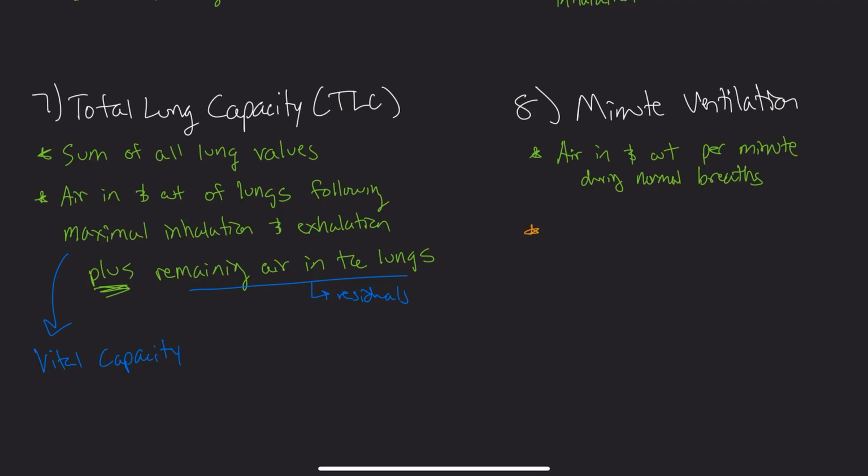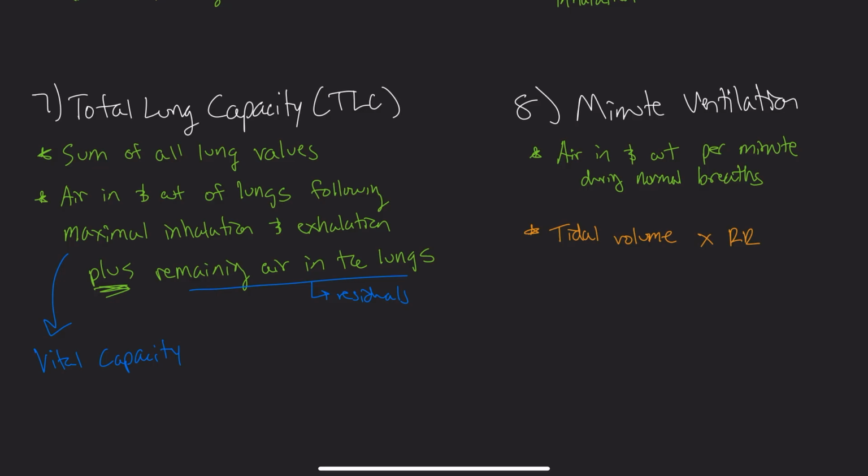That's our tidal volume, right? And then per minute, how do we measure breaths per minute? That's our respiratory rate. So if you do tidal volume times breaths per minute, then you can get your minute ventilation.